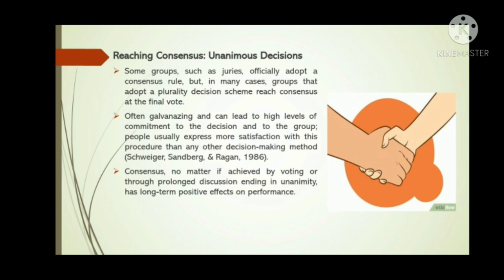Some groups, such as juries, officially adopt a consensus rule, but in many cases, groups that adopt a plurality decision scheme reach consensus at the final vote. The outcome can occur when all the group actually agree, but it also happens when the minority who disagree vote for the favored solution for various reasons, including not wanting to be on the side of the losers.